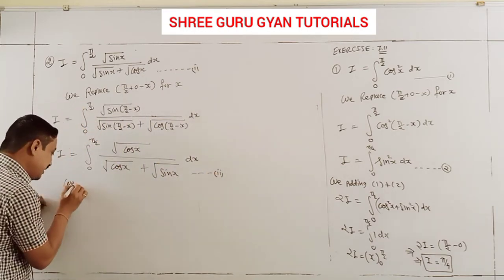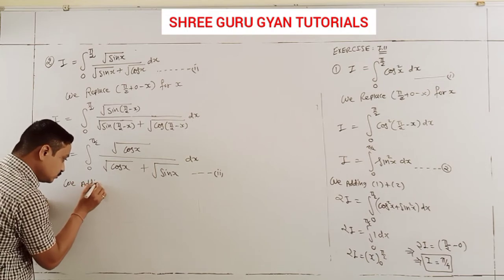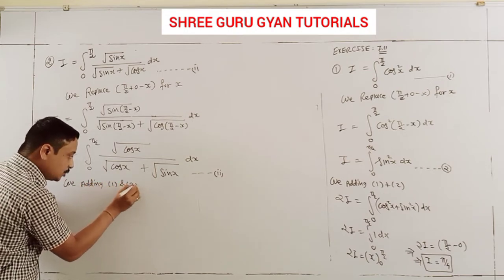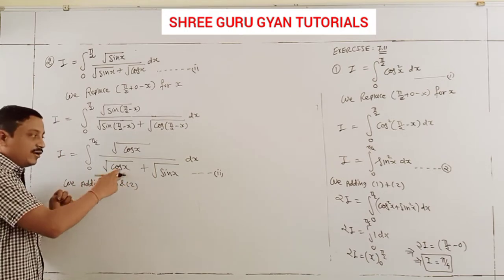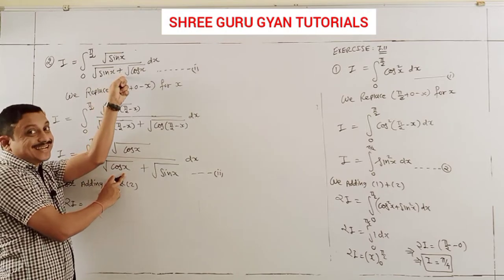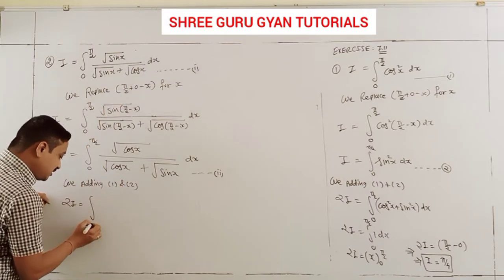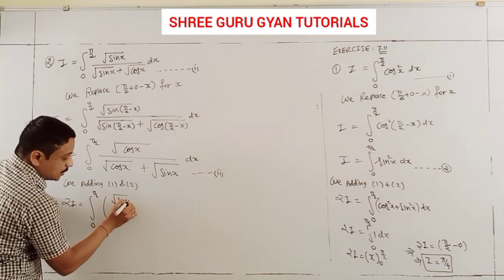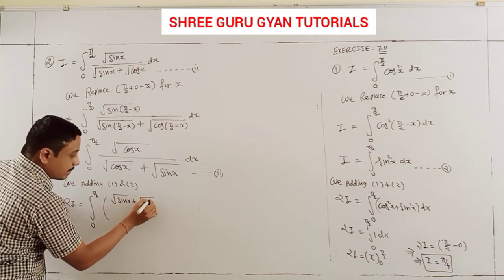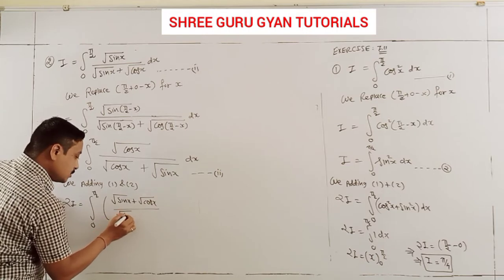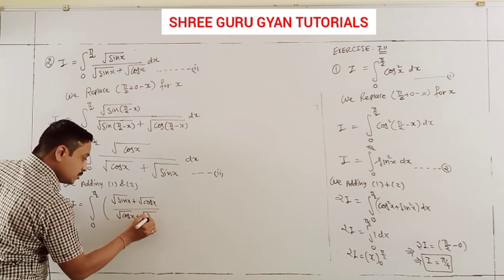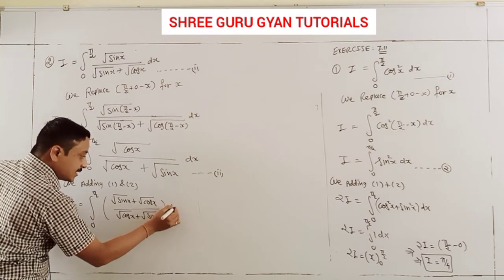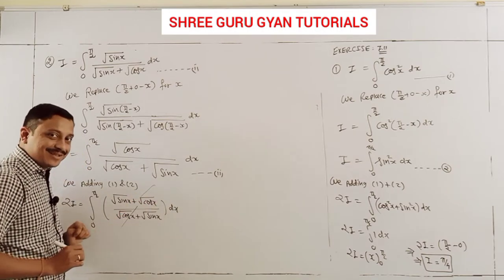Now 1 and 2 adding. So we add 1 and 2. Surely students, check that your denominators are the same. So can we write down the addition directly? Yes. Root sin, root cos, root sin dx, and it is permanently cutting.